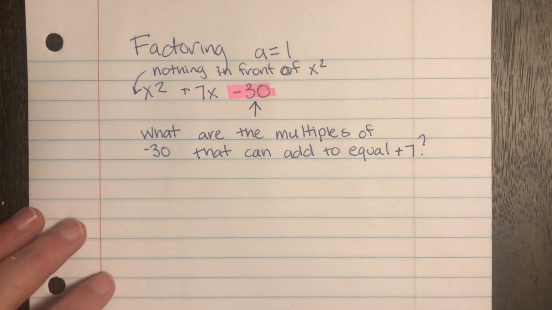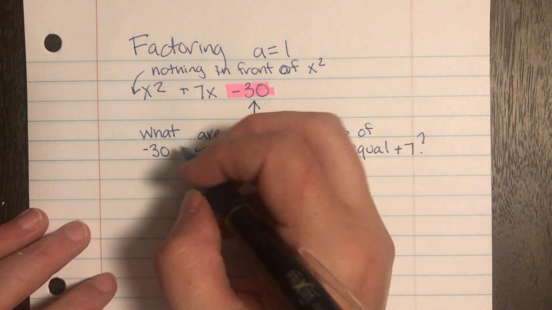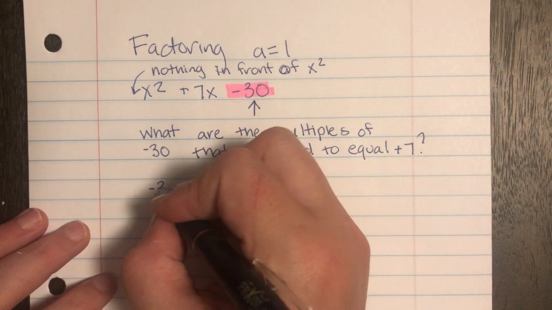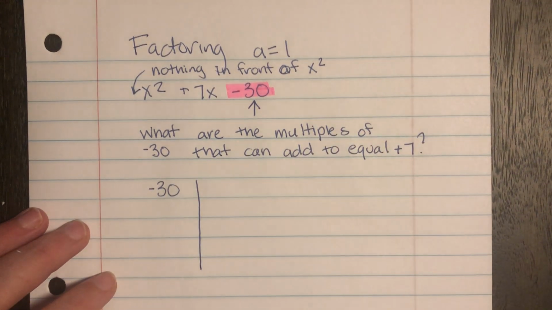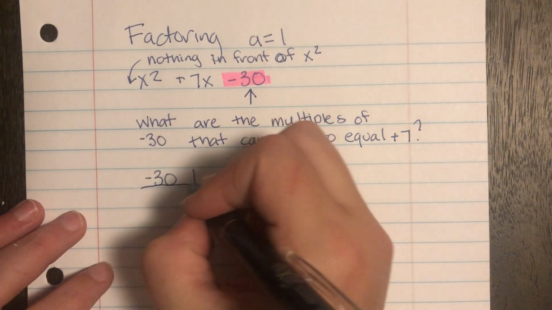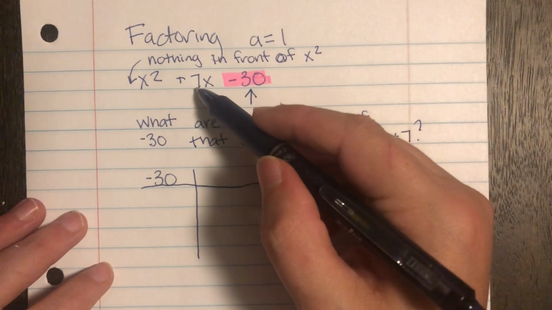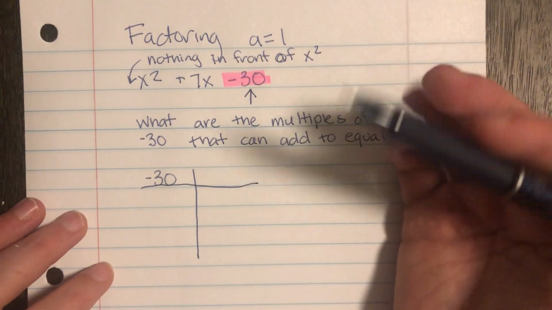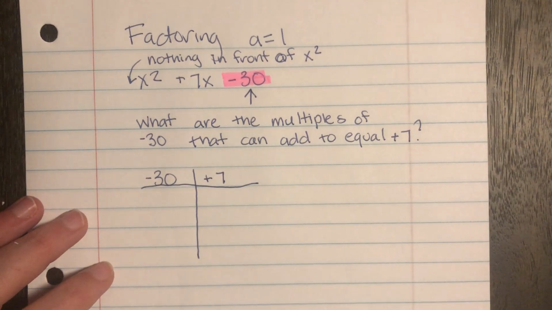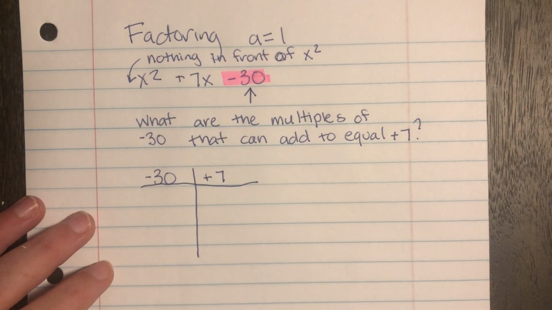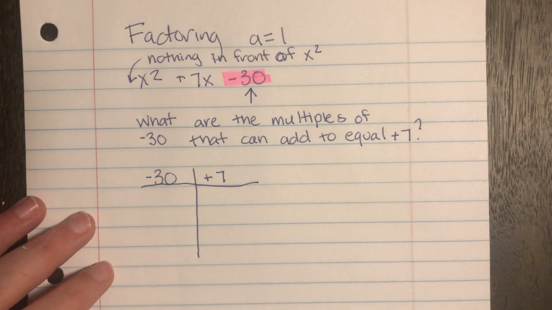All right, so what I'm going to do is list all the multiples of negative 30 that I know, and I'm going to keep adding them until I can't think of one, or I find the one that adds to equal 7. I'm going to start off with the basic one, because I know that everything times 1 is going to equal itself.